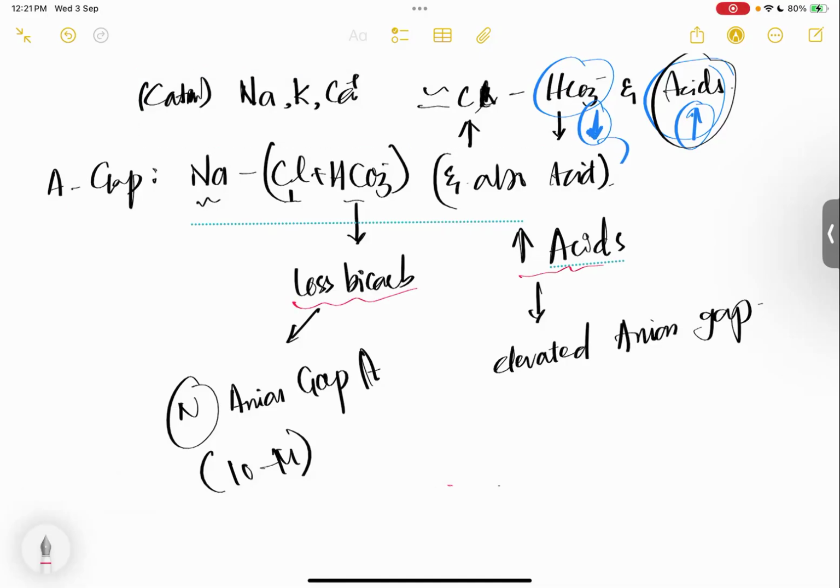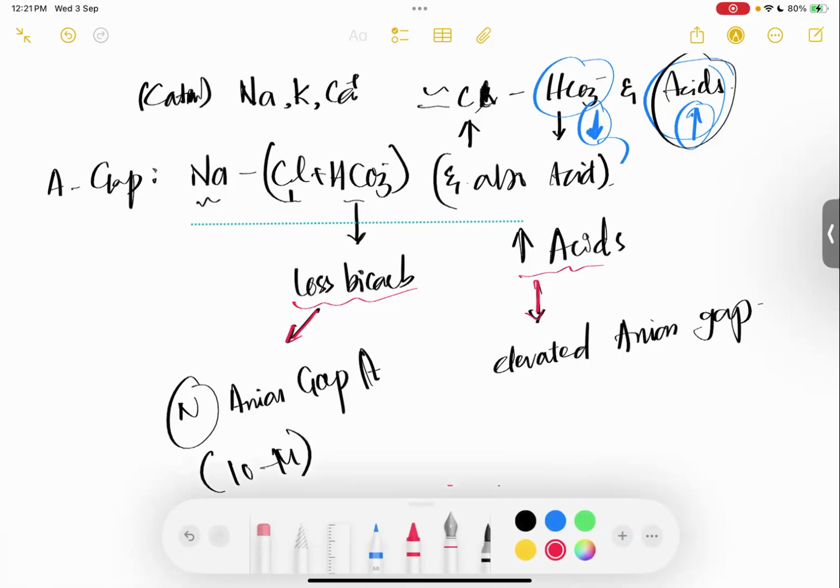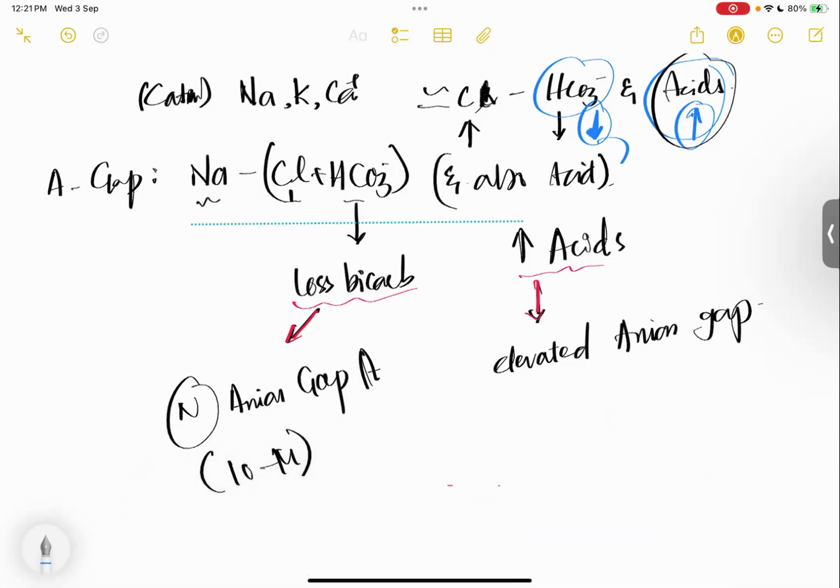But you are now dividing it into two. Let me explain. If the problem is only in loss of bicarb, if the problem is bicarbonate itself, it will be normal anion gap acidosis, okay?